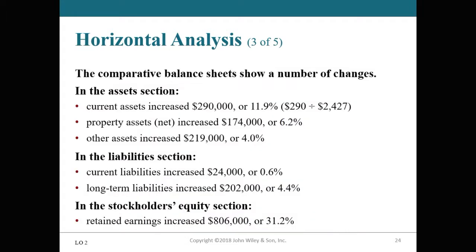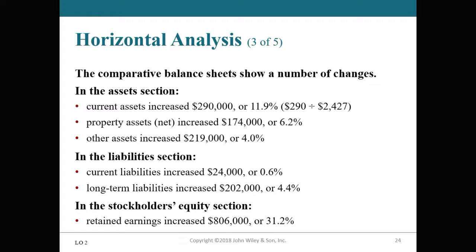Comparative balance sheets can illustrate a number of changes. So in the one we looked at before, current assets increased by $290,000 or 11.9%, as we discussed. The property assets increased by $174,000 or 6.2%. Other assets increased by $219,000 or 4%.